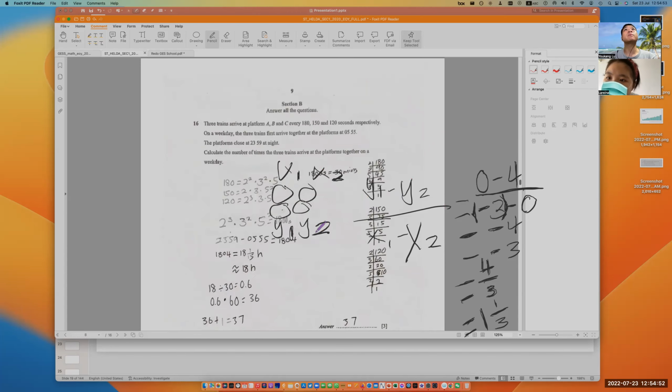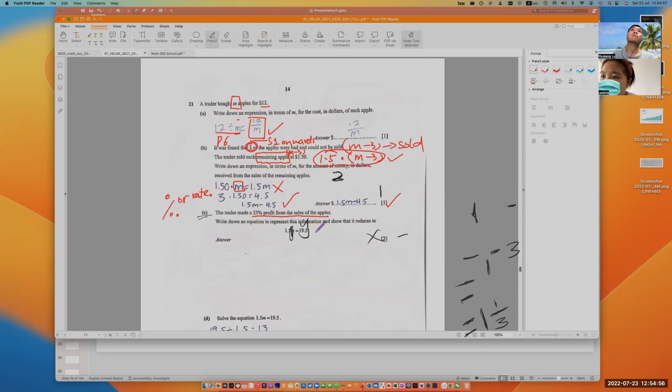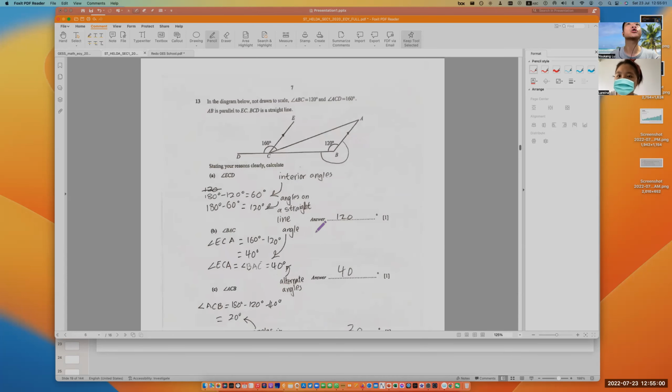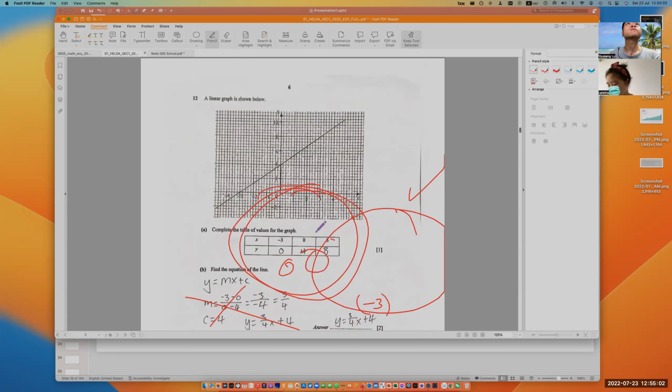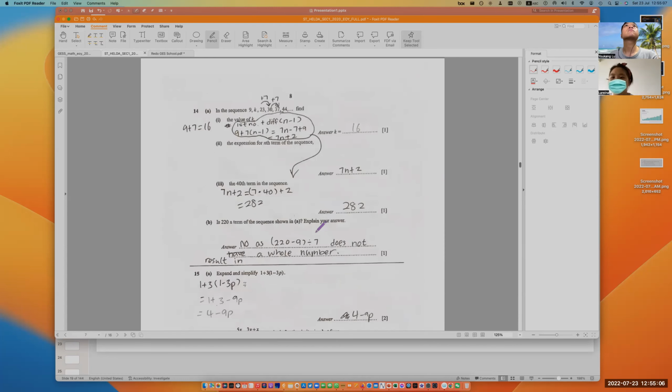So for me, this paper is a disaster. You never follow every single step. This paper is a disaster from 1 to question 12. From 1 to question 12 is a disaster.